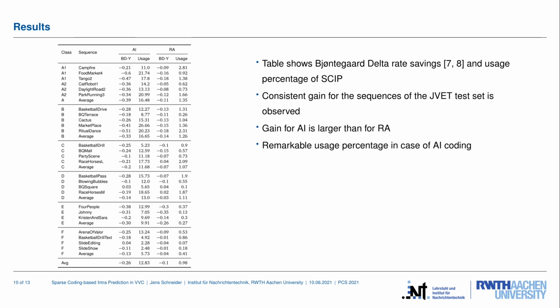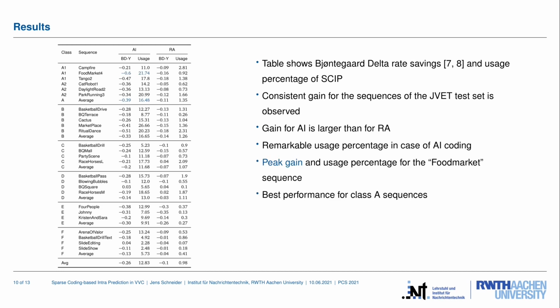Of course, the gain for all-intra is larger than for random access, as all-intra uses simply way more intra prediction than random access. The peak gain is observed for the FoodMarket sequence with 0.6% of rate savings, and also the usage percentage is highest in that case. Moreover, the best performance is observed for the class A sequences, where almost 0.4% of rate could be saved.